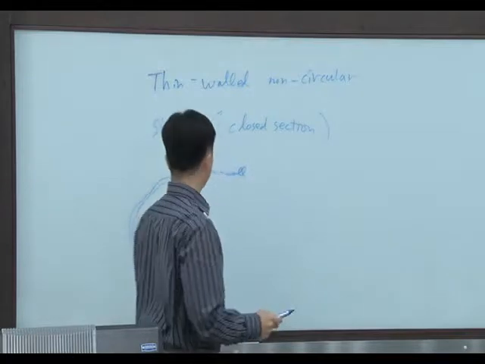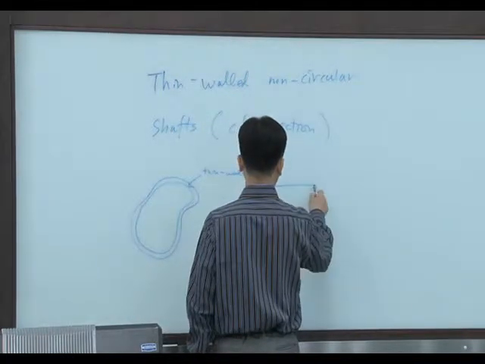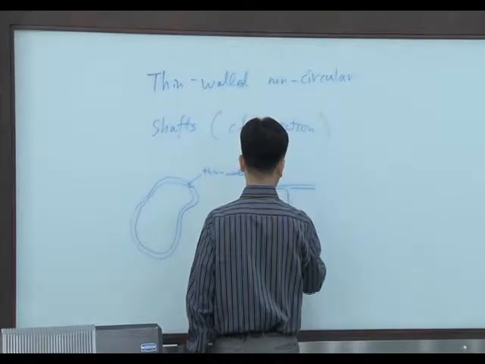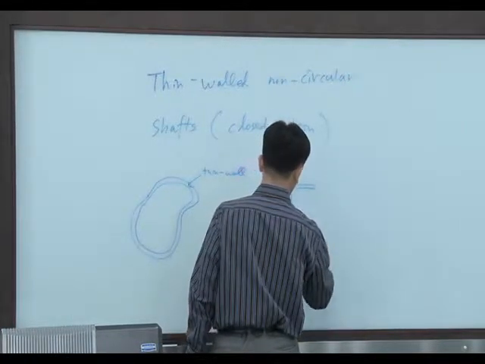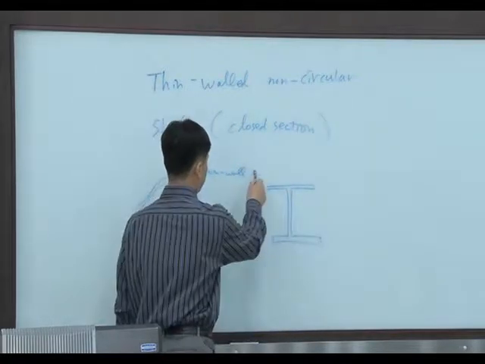So there are many thin-walled beams or shafts. This is thin wall too. This is a very well known wide flange type cross section. This is thin wall.